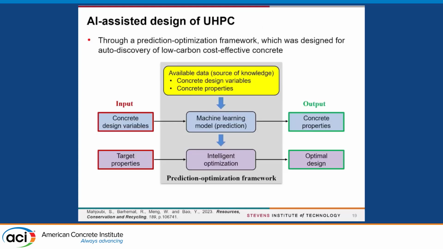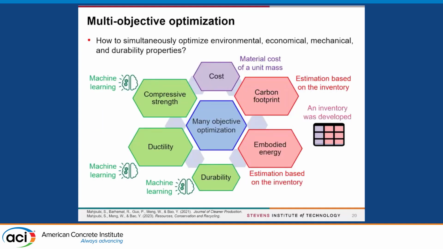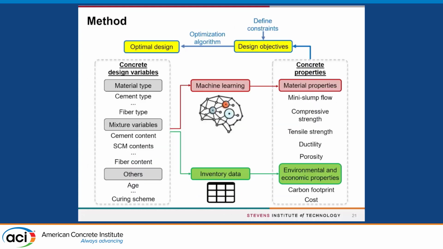So once we have the high-fidelity machine learning prediction models, we can move on to the optimization. To design low carbon and cost-effective UHPC, it is a multi-objective optimization problem. So we should simultaneously optimize the environmental, economical, and mechanical properties. To do that, we should obtain large enough concrete design variables and forward the data to the machine learning models.